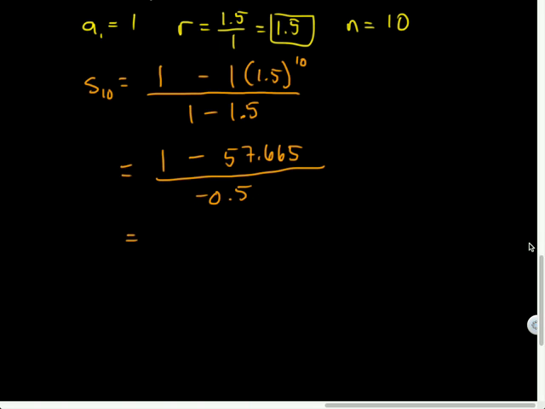So this is negative 56.665 over negative 0.5. This is clearly going to be positive when those signs cancel. I like that. You could just double that number, right? Dividing by a half is the same as doubling, which is 113.33, 01, I guess, if you want my calculator's approximation of it.